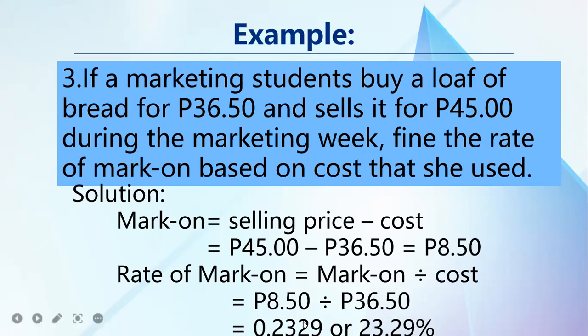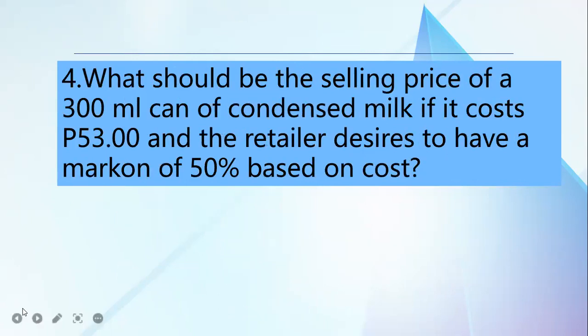So the rate of mark-on is the mark-on divided by the cost. And to find the mark-on, you need the selling price minus 36.50, the cost. Okay? So how about number 4?